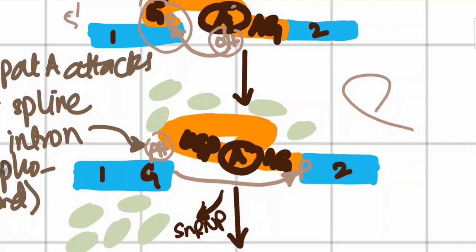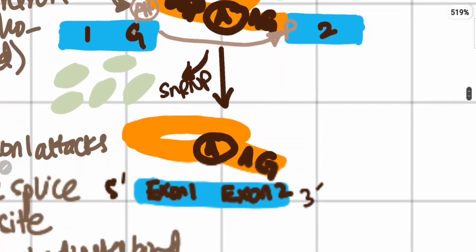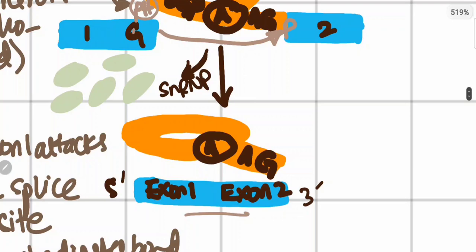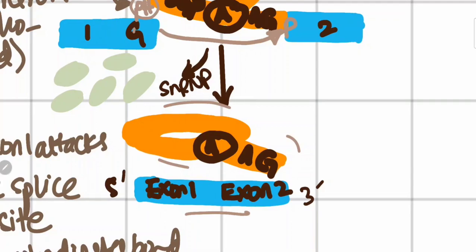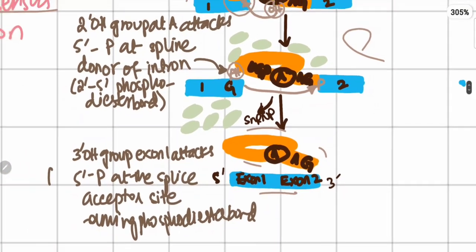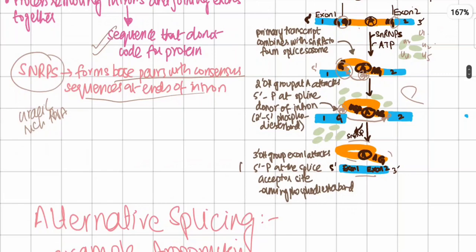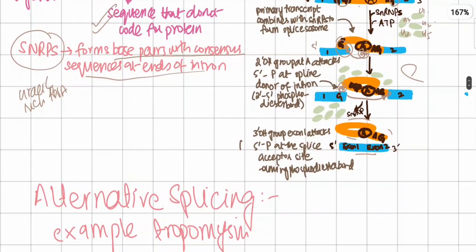So the OH here at guanine is going to attack here at the P site. When these two exons join, the whole lariat of the intron right here is going to get removed. And that is how splicing is done. That is it. Pretty easy.